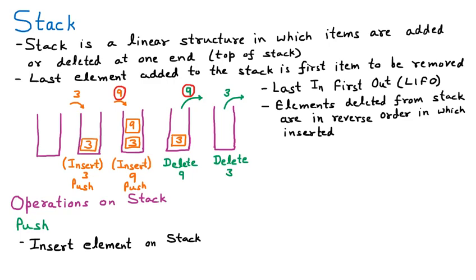Now talking about the next operation on the stack, which is pop. The technical name of deleting an element is pop. So deleting an element from the stack is called pop. So we have deleted 9. This is pop.